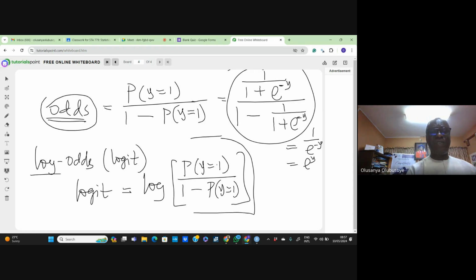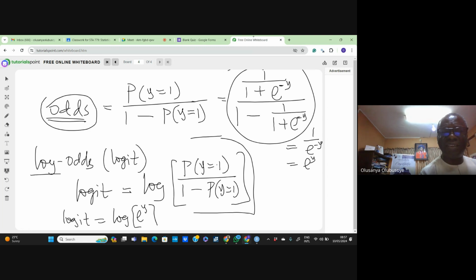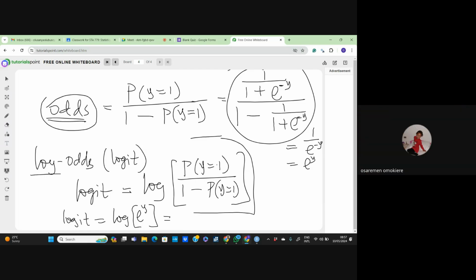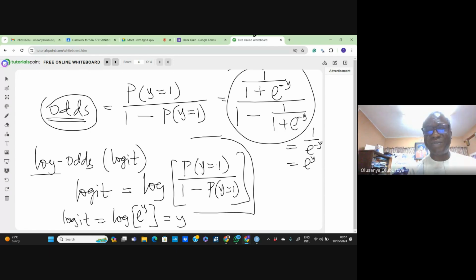Now, which means my logit is equal to log of e raised to power y. And what is that going to be? If I take the log of e raised to power y, that will be y. Isn't it y? Yes, this is y.